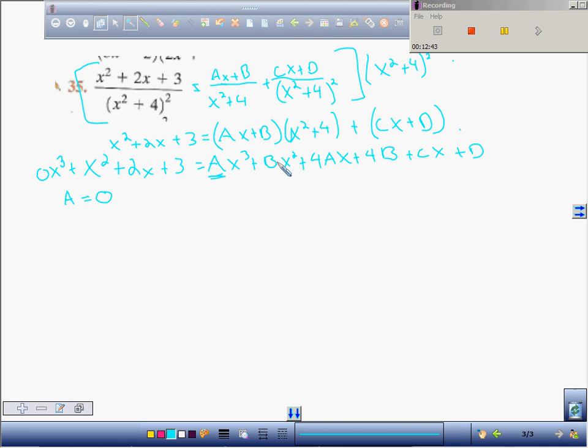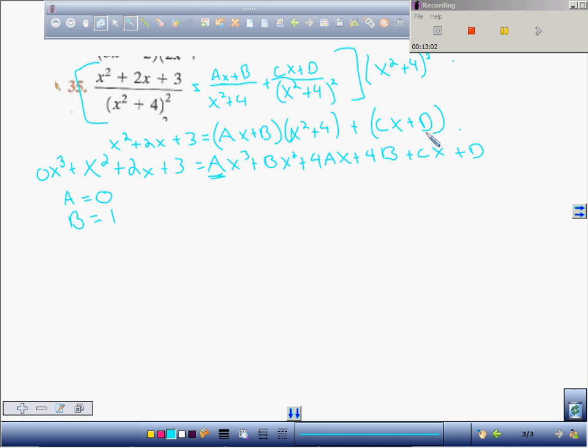The other thing, then I look at my x squared terms. All I have is a bx squared, and over here I have a 1x squared. That's my only x squared in the whole thing. So what does b have to be? 1, because I have a bx squared, and I have a 1x squared over there. So I know a and b already.